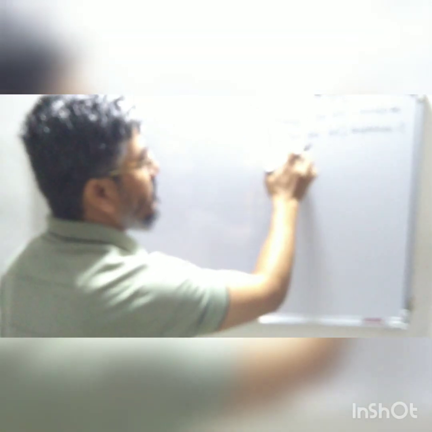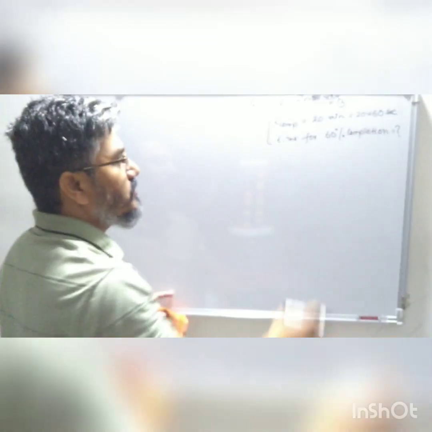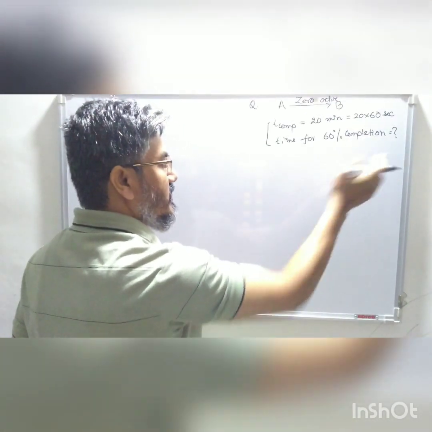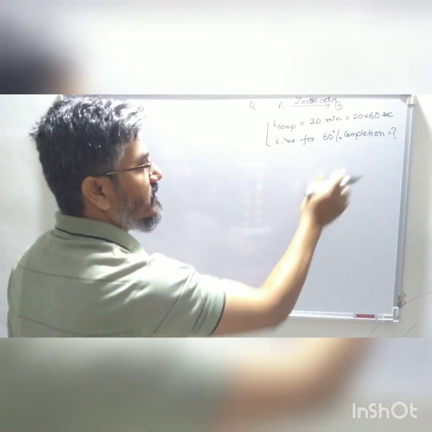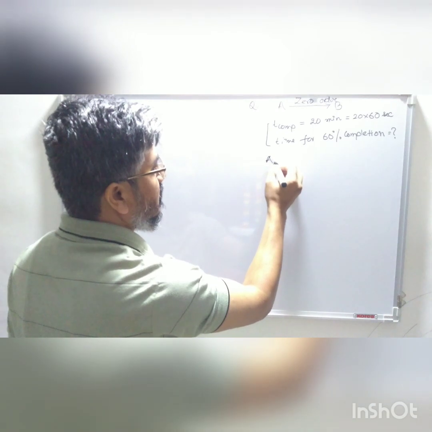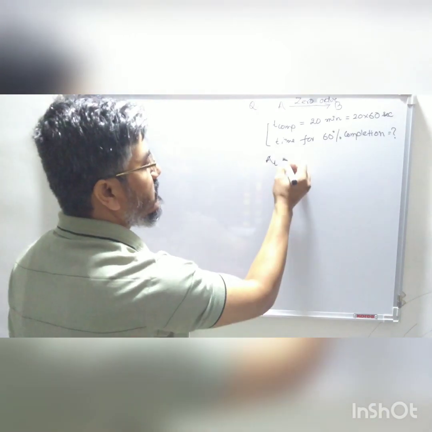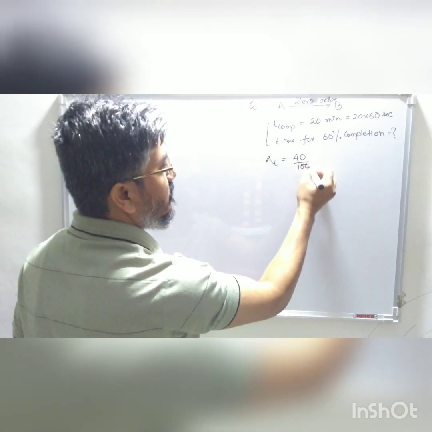Then what is the time required for 60% completion of the reaction? So the reaction is 60% completed, so the amount of A left after that time is 40% of the initial value.